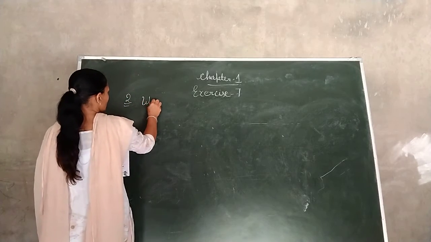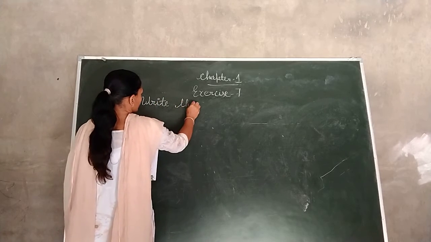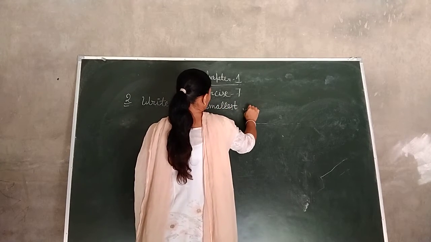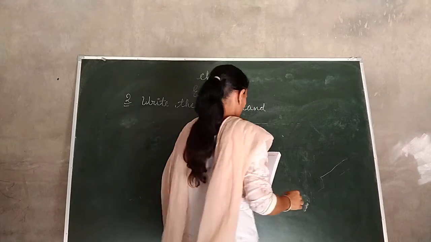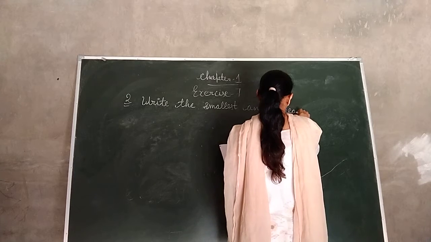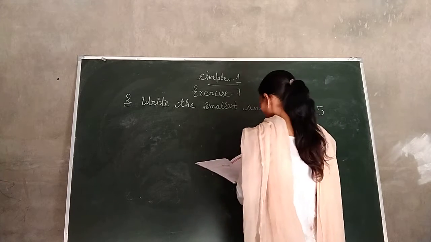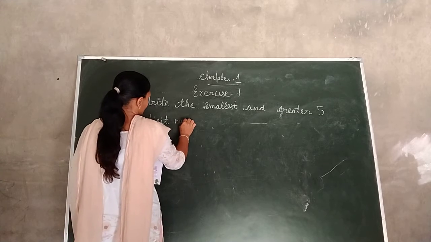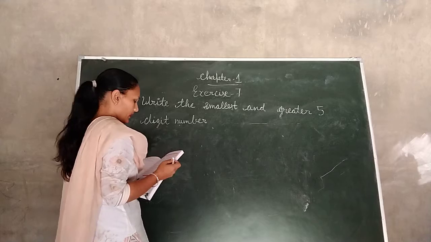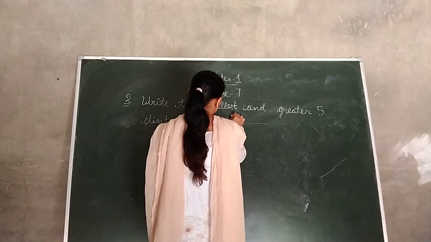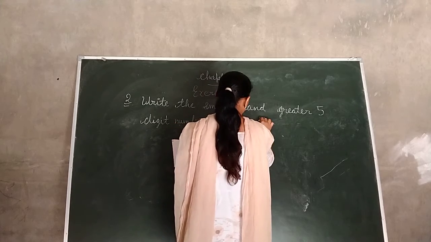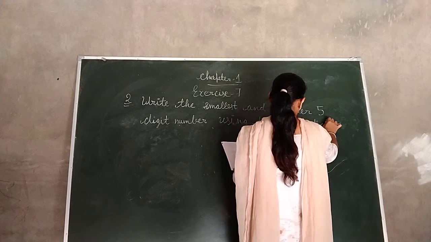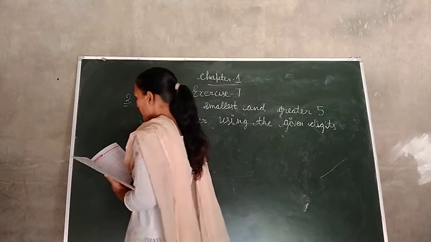Write the smallest and greatest five-digit number using the given digits, repeating 4 twice.